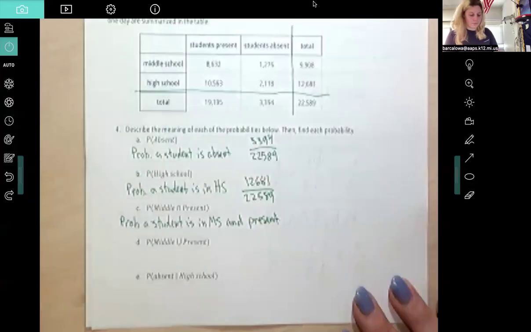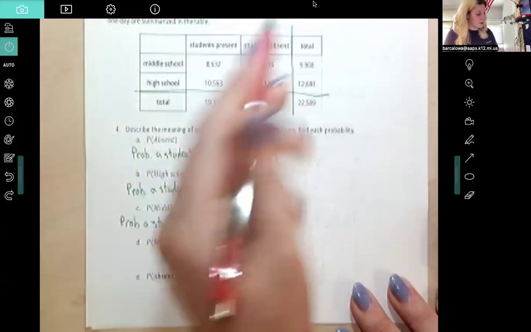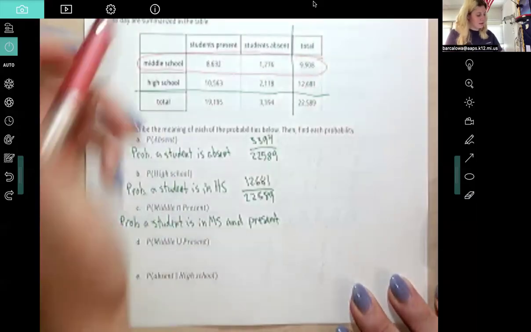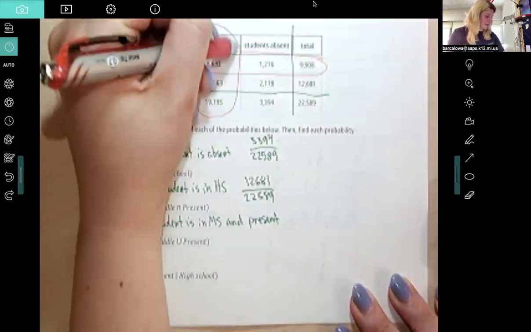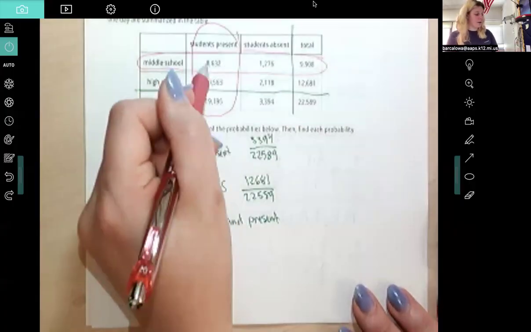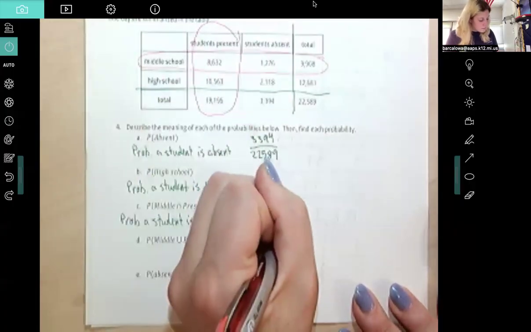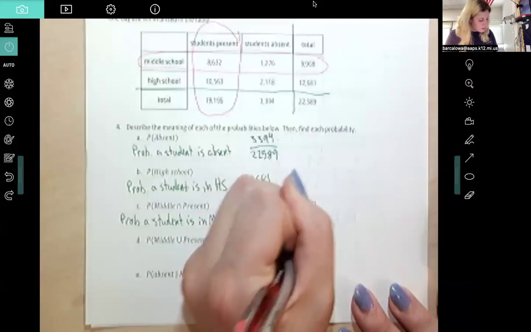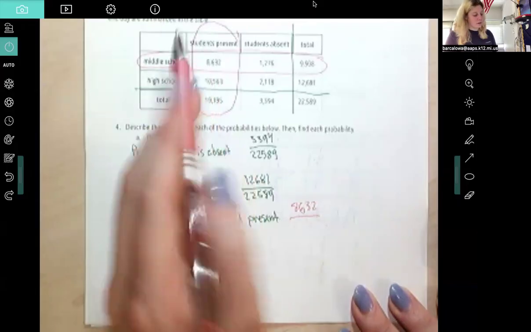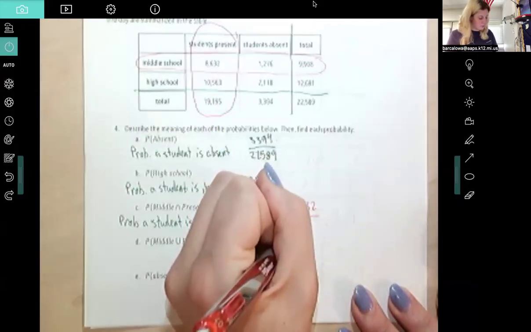Here, why don't I circle? These are all my students in middle school, and these are all my students that are present. The and is where they overlap. So these 8,000 something students are the ones that are present and in middle school out of our total 22589.